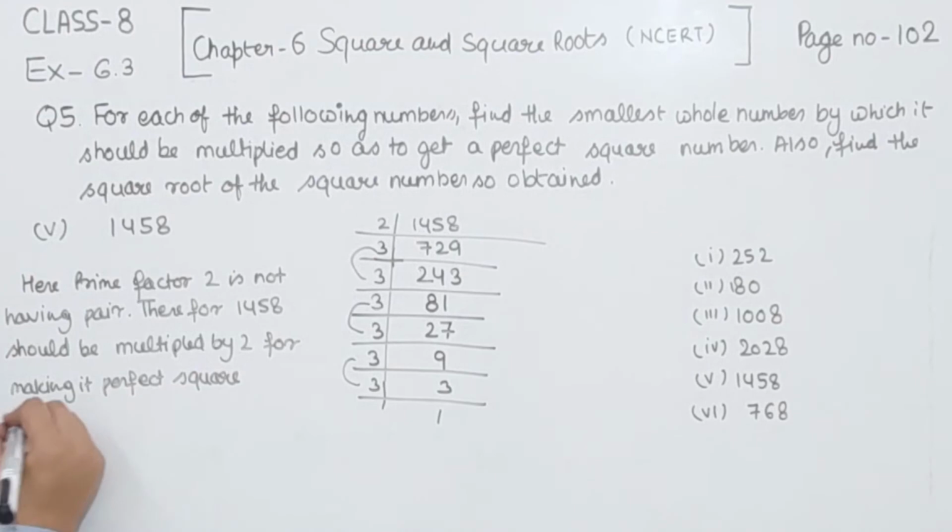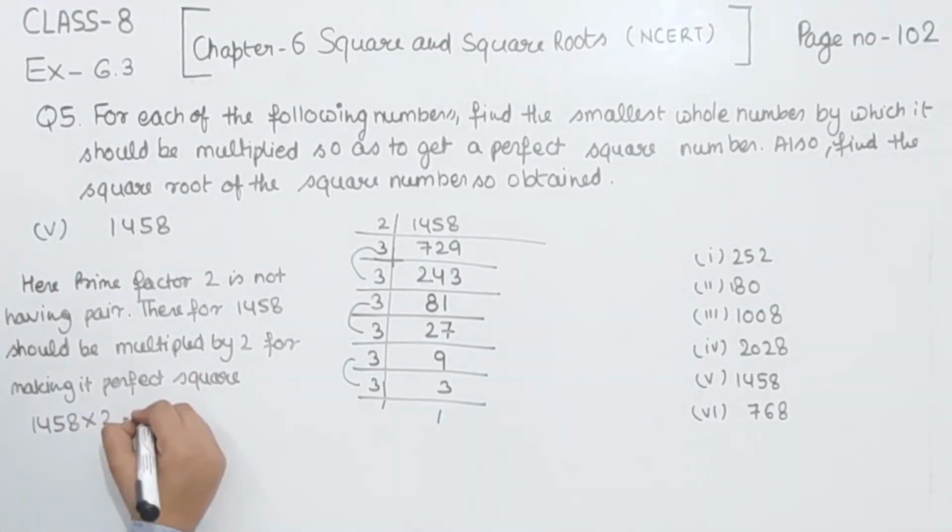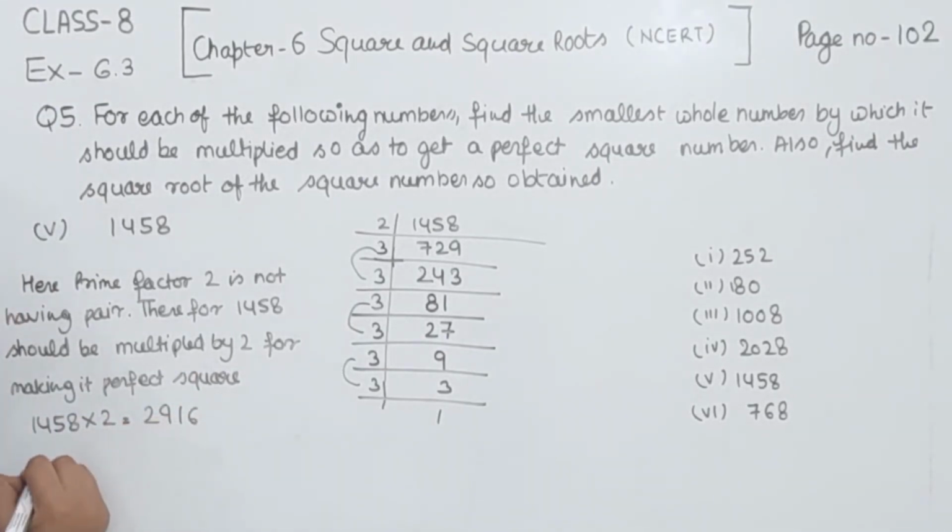So we will multiply 1458 multiplied by 2. So we are going to get the value as equal to 2916.